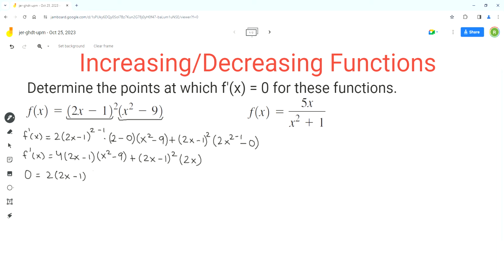Now we are left with the first part, 2 from the 4 and then just x squared minus 9. And then from the second part, we are left with just 2x minus 1 times x.